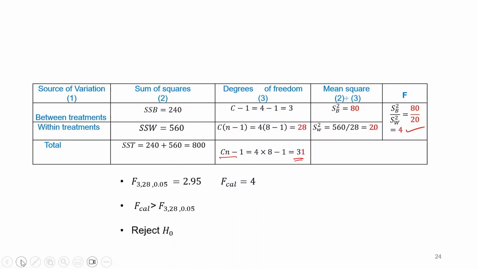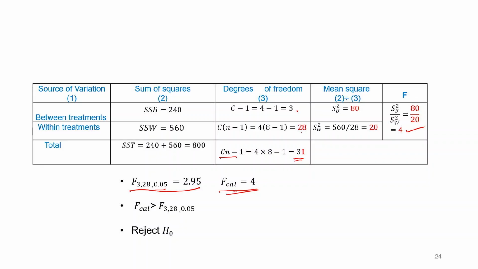Now the second point was whether a difference exists or not. This is the calculated value. And what is the table value of F? Degrees of freedom of 3 and 28, and level of significance 0.05. In this case, we get a figure 2.95. So who is more and who is less?